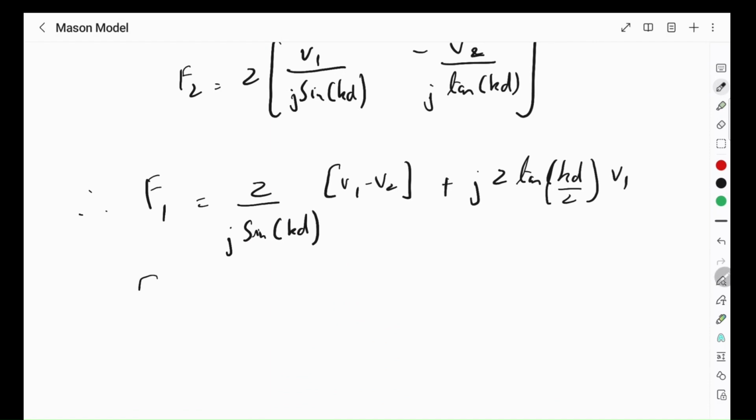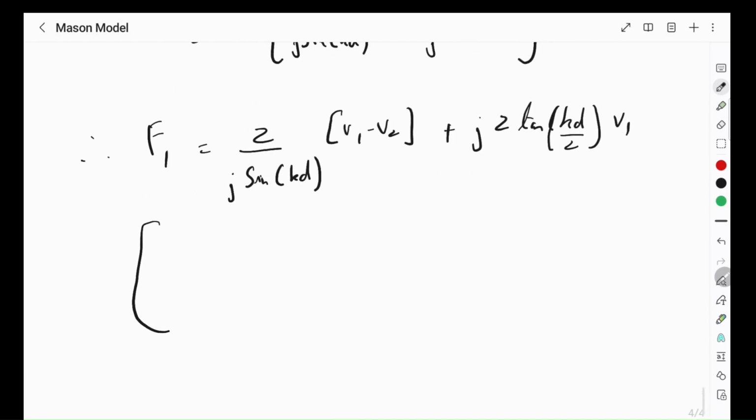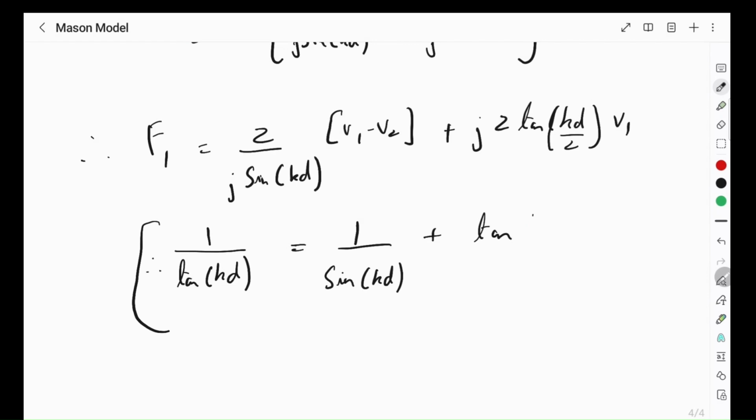So how do I write? You can get that from this equation, 1 by tan kd. So that's how you do it. If I just write it like this, you will not be able to grasp easily. So from this I got sin kd plus tan kd by 2.